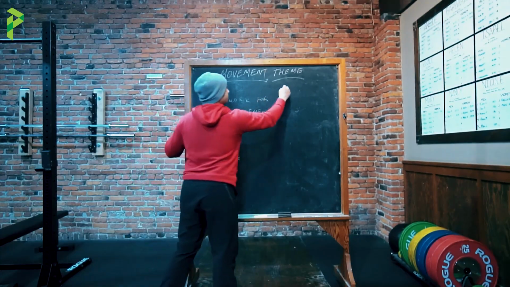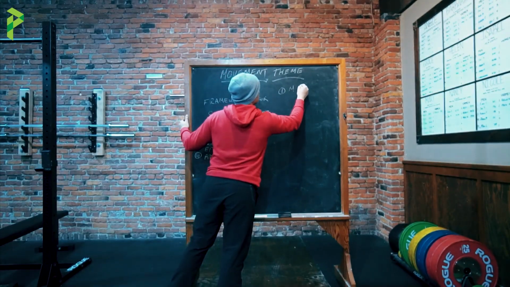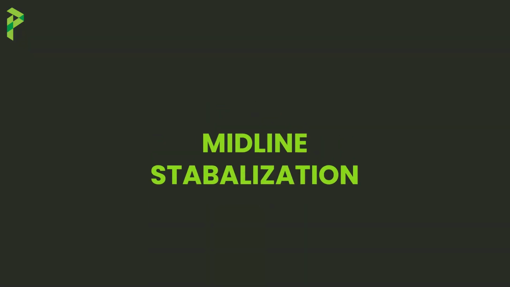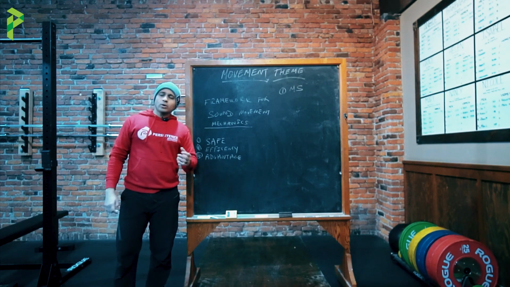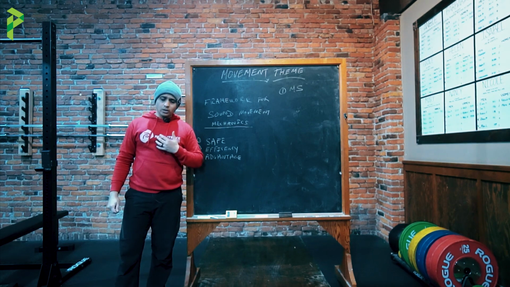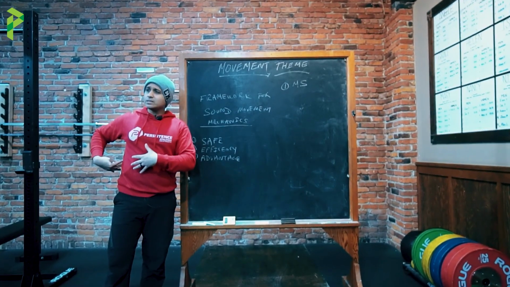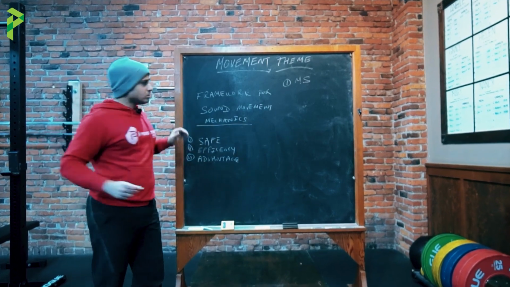So the first one is called midline stabilization. In short form, we call it MS. The whole idea of midline stabilization is to stabilize your trunk. Now, what is the trunk? Let's talk about that first.